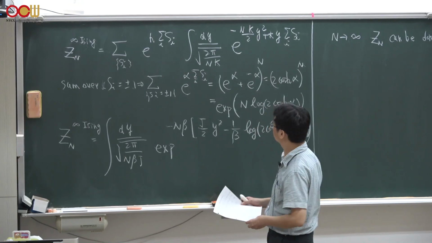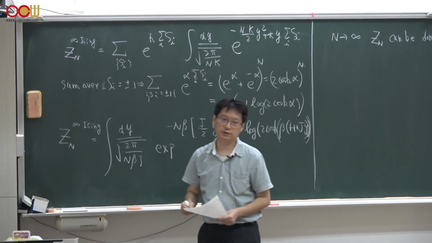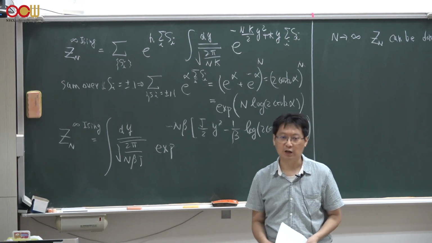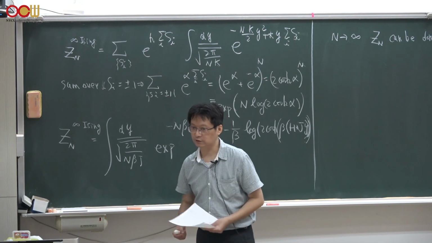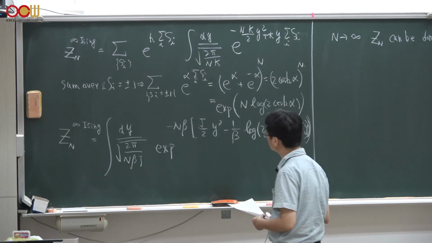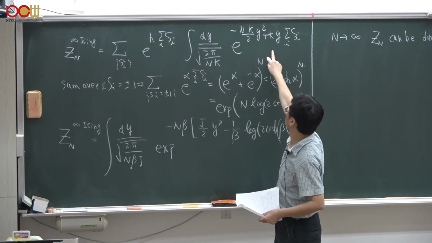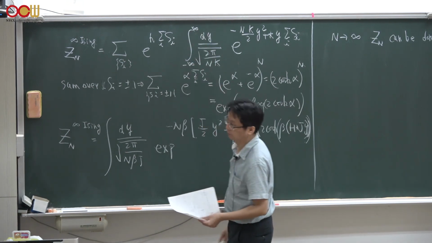So before the break, we derived the partition function of an infinite long-range Ising model in arbitrary dimension, and we would like to take advantage of this Gaussian integral by replacing the e to the minus x squared term in the partition function by the integral over y, where y is a continuous variable ranging from minus to plus infinity.